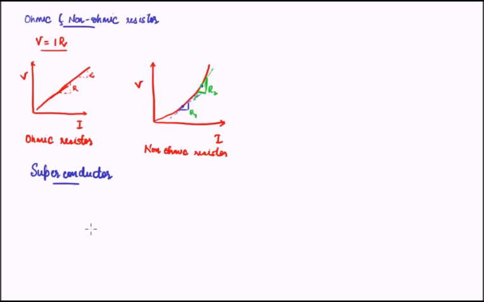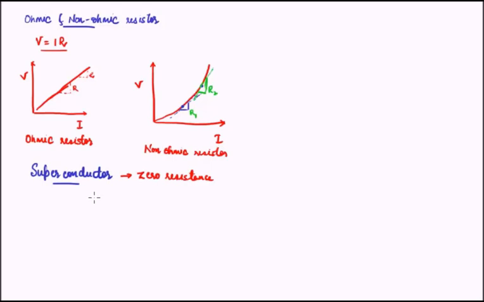But there are certain materials which offer zero resistance to the flow of electrons. Okay. Experimentally it has been found. But the catch is that the conditions under which a superconductor can be obtained is normally very low temperature. So a material normally becomes a superconductor at very low temperature.